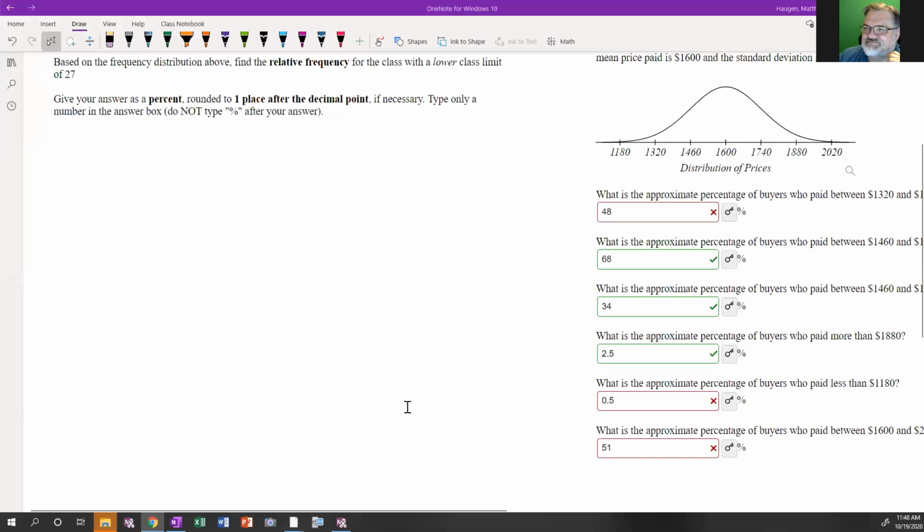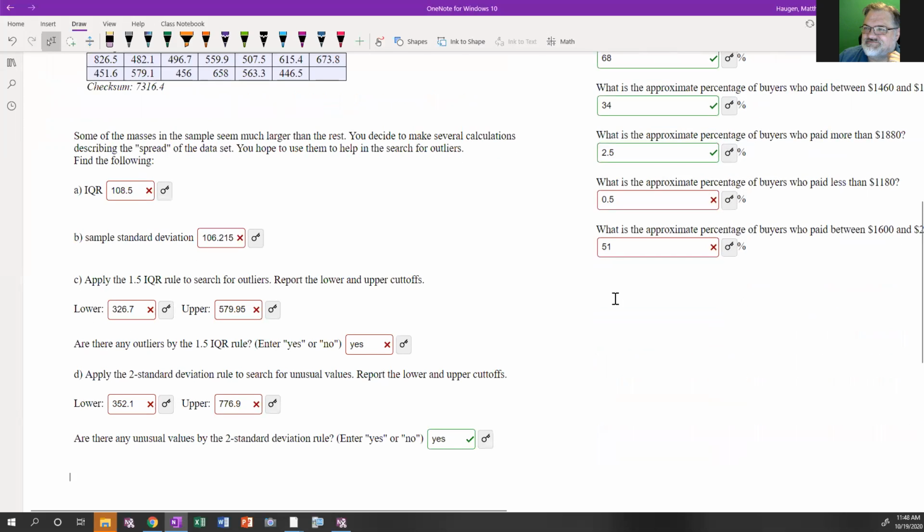I'm grabbing ones from the test, but I'm not grabbing any particular ones from any particular test. I'm just grabbing, so they will be slightly different value-wise. And I do want to grab this one as well, just to look at it.